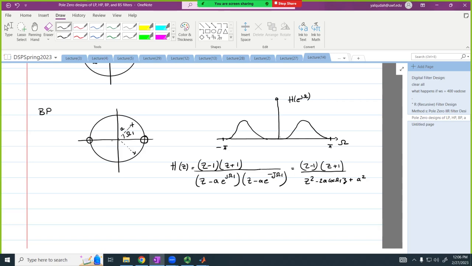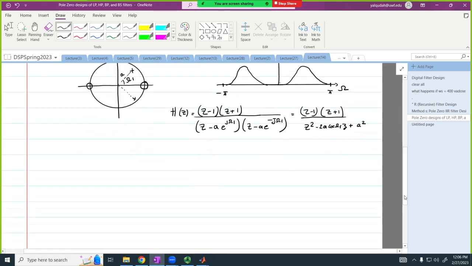Okay. Finally, we're going to design a band stop filter. The zeros will be on the vertical axis.